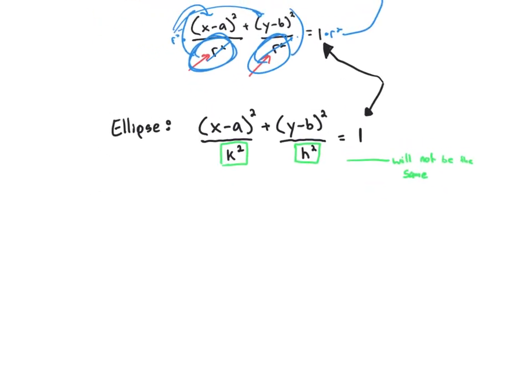So then, how do we identify? Here's what we know. The center of an ellipse is very much like the center of a circle. So it will be whatever the opposite of that is, right? That minus a, whatever comes after the minus.